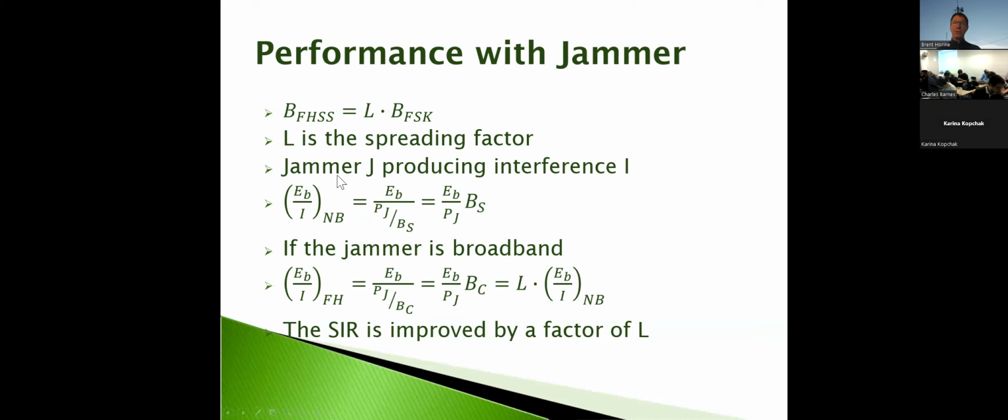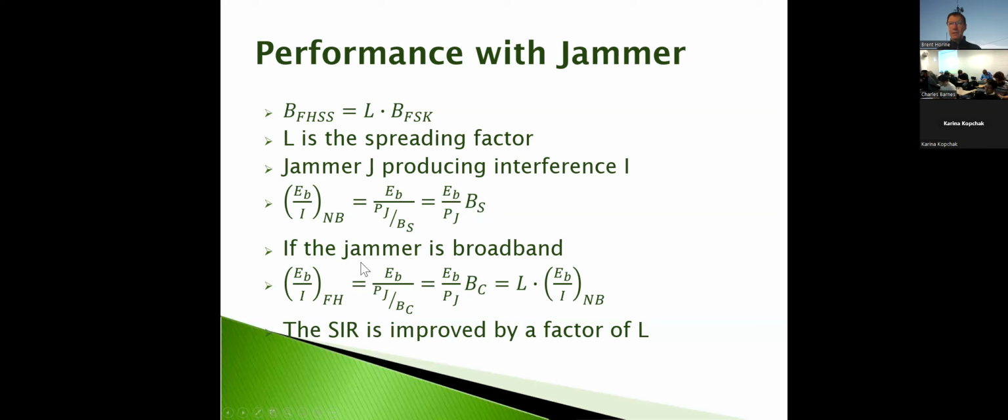In this case, we're not using spread spectrum, so that jammer is trying to cover the bandwidth of the signal. Now we just rearrange terms, and we've got EB divided by the power of the jammer times the bandwidth of the symbol.